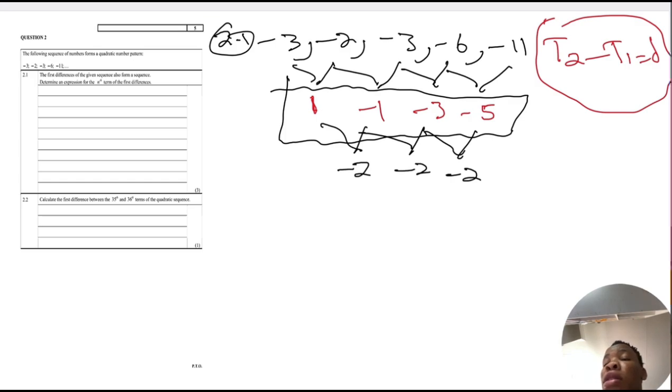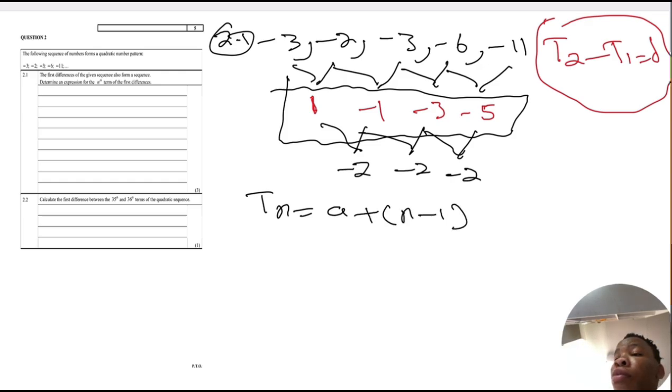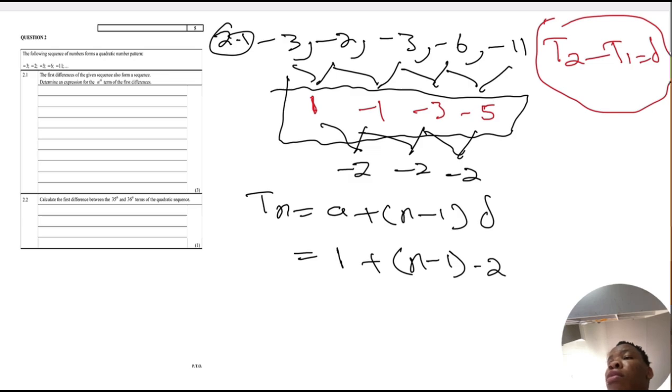So they are saying find the nth term, and the formula for the nth term of the first difference sequence is Tn equals to A plus n minus 1 D, where our A is 1 plus n minus 1, D is negative 2.